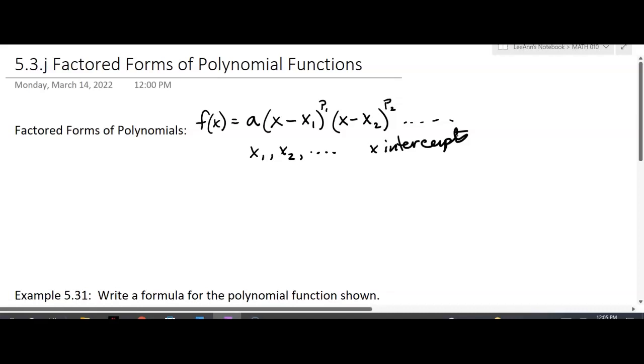So sometimes we have things that say, well, if you have an x-intercept of, I don't know, k, then x minus k is a factor. Okay, so that's a theorem we have. I don't remember seeing it in this book, but it's one that we have. The p sub 1, p sub 2, etc., those are the multiplicities.